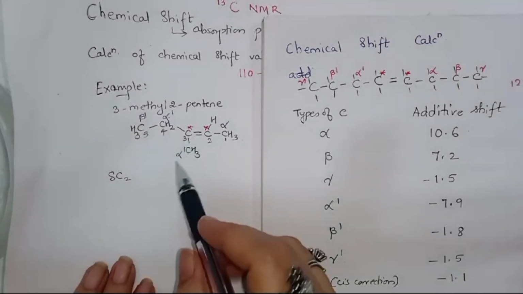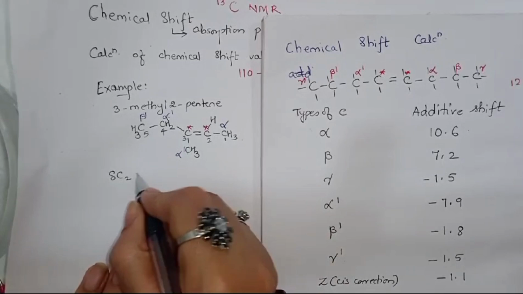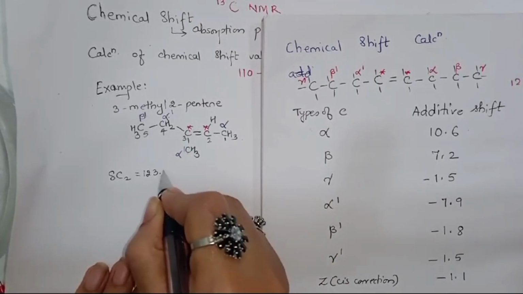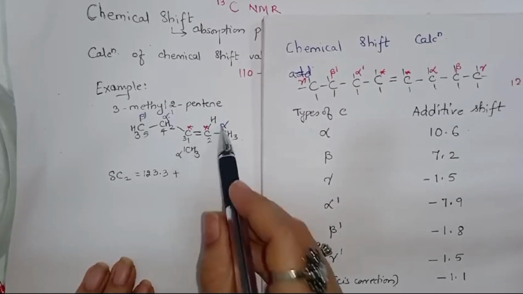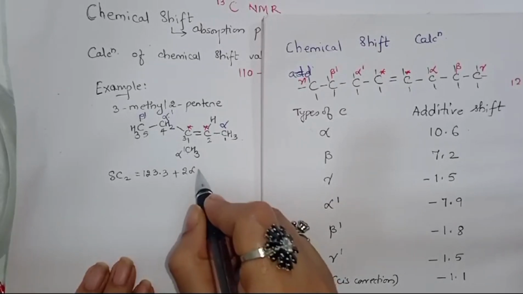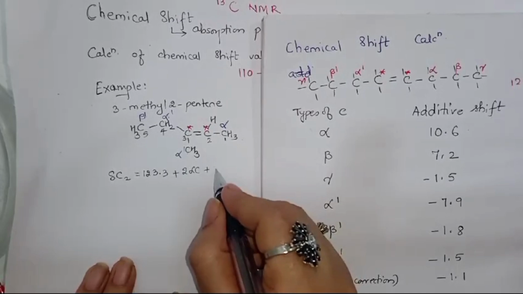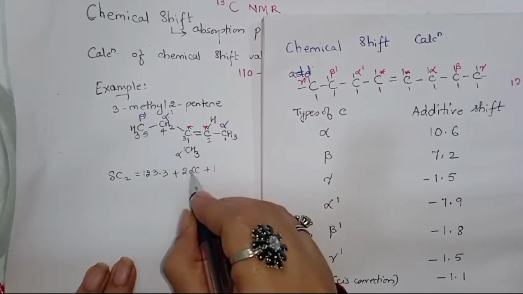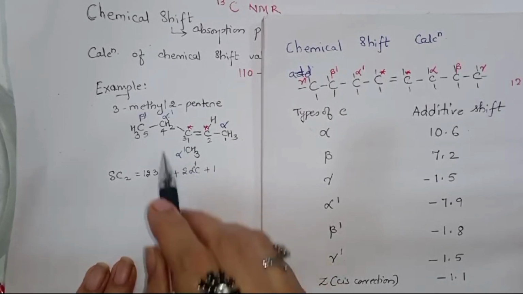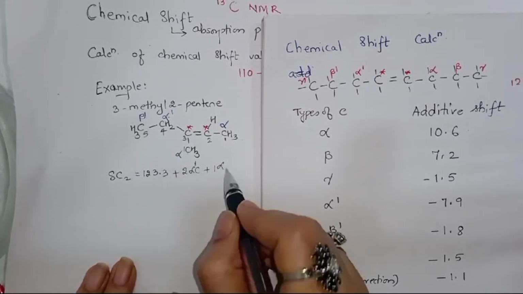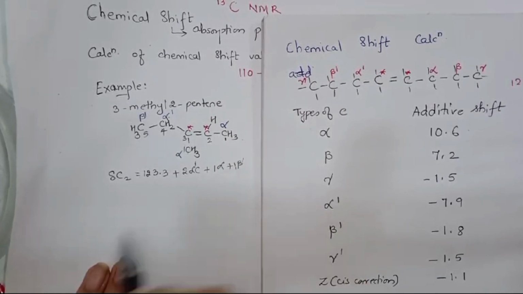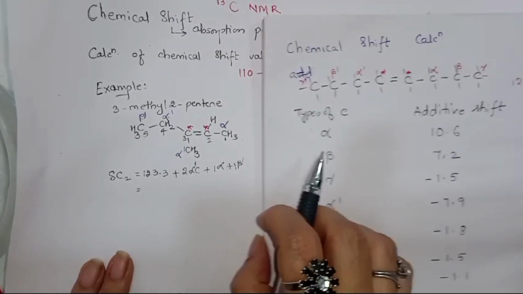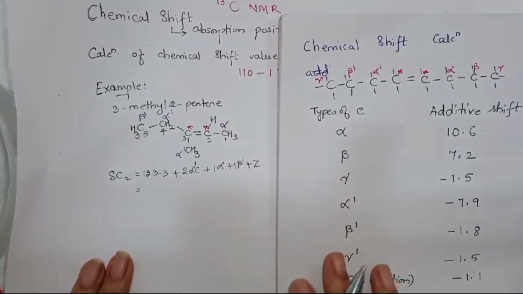So for C2 carbon, we have the base value as 123.3 plus 2 alpha dash carbons, 1 alpha carbon and 1 beta carbon, plus the Z correction.